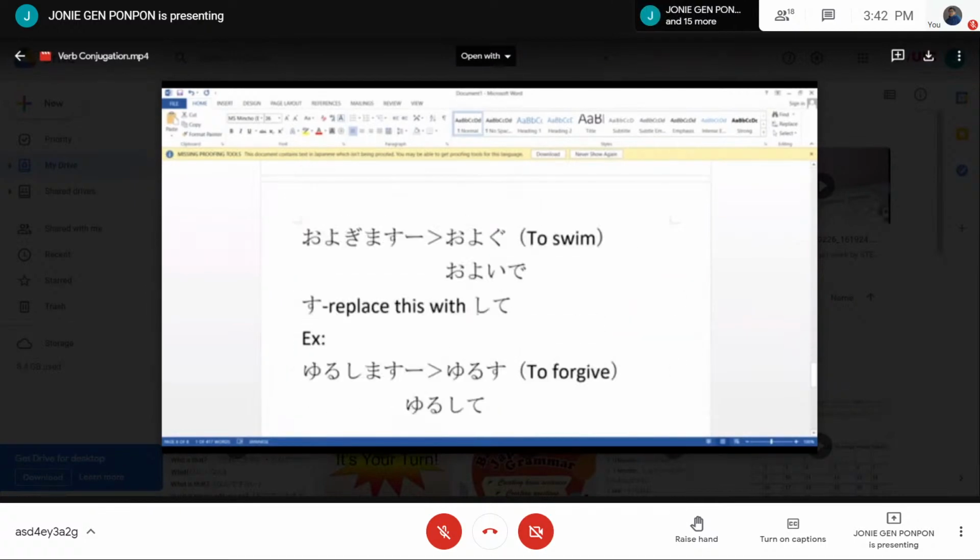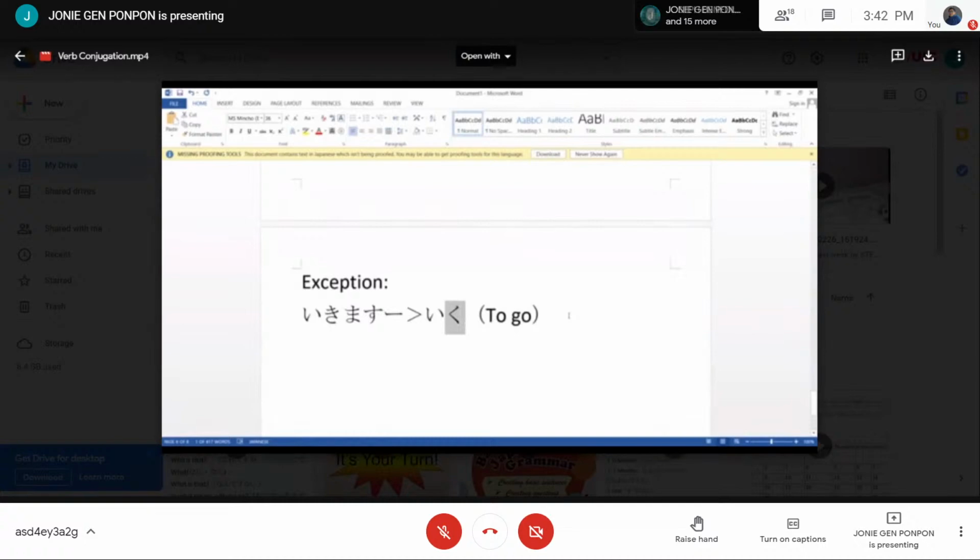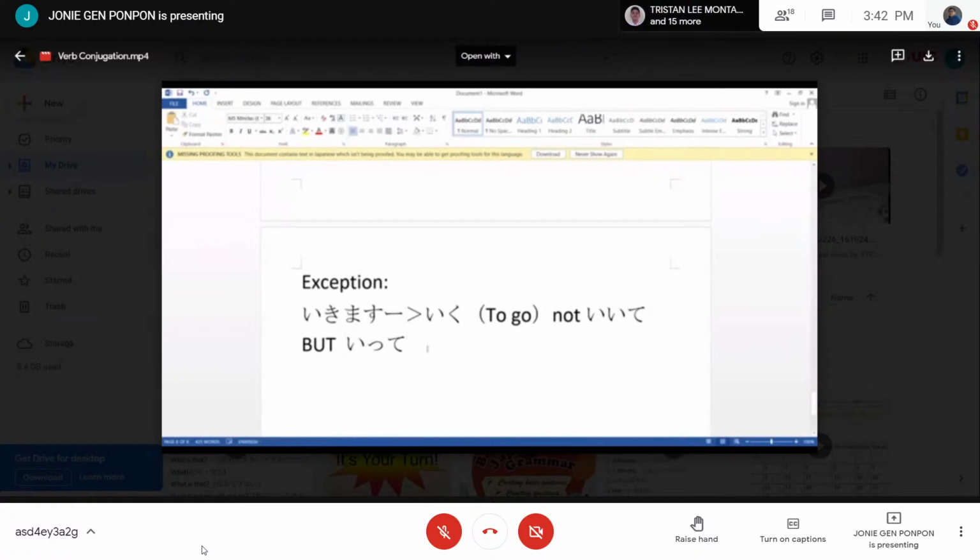Okay? But no, it is not iite. That's why it's an exception. It will become ite. Ite. Yan. Ite kudasai. Please go. Hindi siya iite. Not iite, but ite. Okay? So, exemption yan sa group 1 verbs.